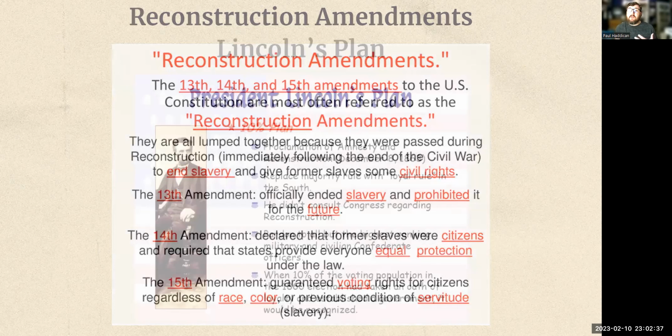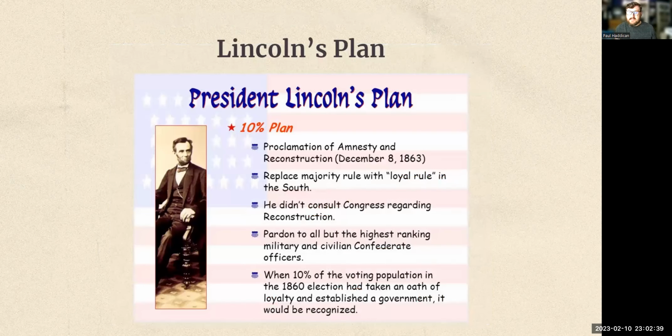So that's all going on in the background, as we're figuring out how do we bring these states back into the Union. President Lincoln has a plan, and it's very lenient towards the Southern states. It's criticized as being very lenient when he proposes it at this time.